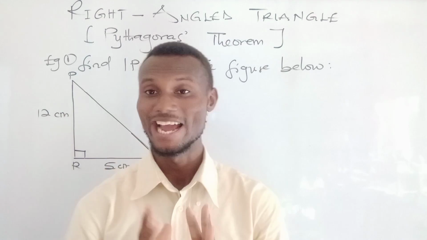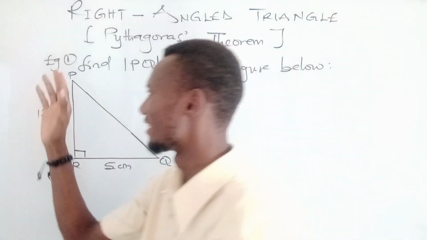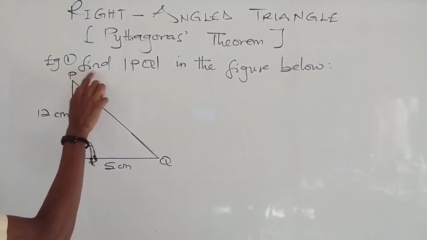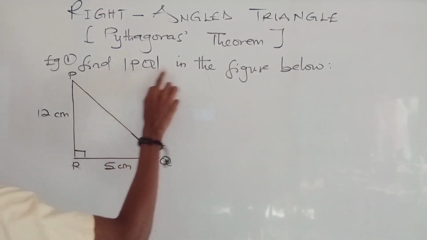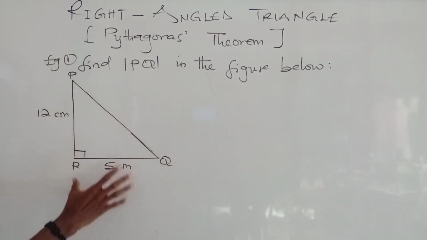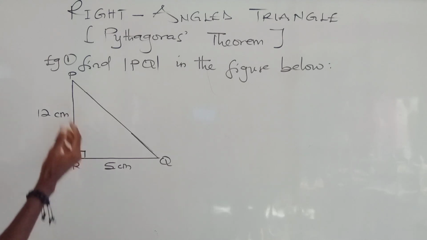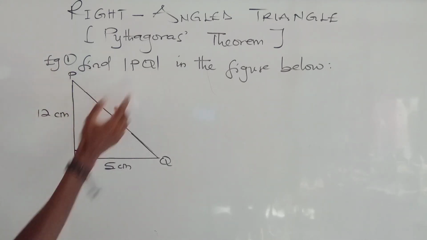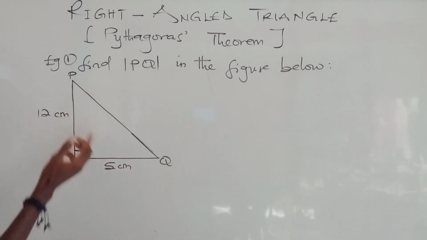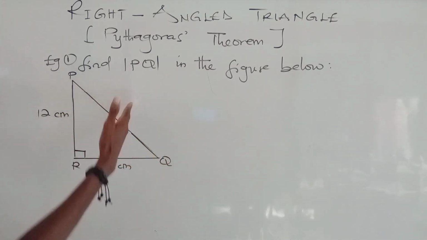Let's go ahead and solve the example 1 that I have on the board. Example 1 says we should find line PQ in the figure below. This is the diagram, which is a right angle triangle, and we are being asked to find line PQ. This is the line PQ, which is the hypotenuse.